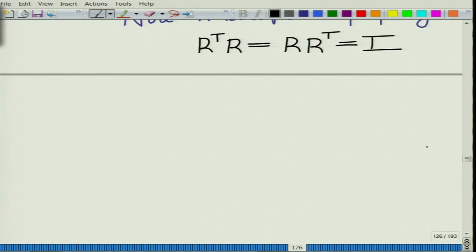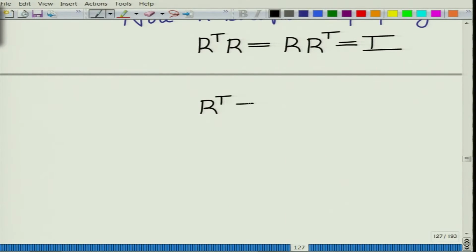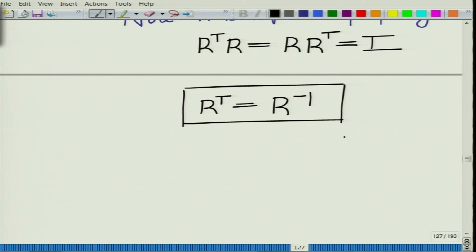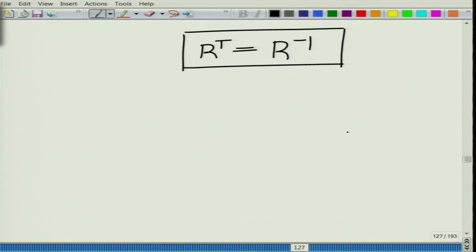This is the interesting property that the rotation matrix satisfies, which means that R transpose is R inverse, because this is a square matrix. So, the inverse is obtained simply by taking the transpose of this matrix.